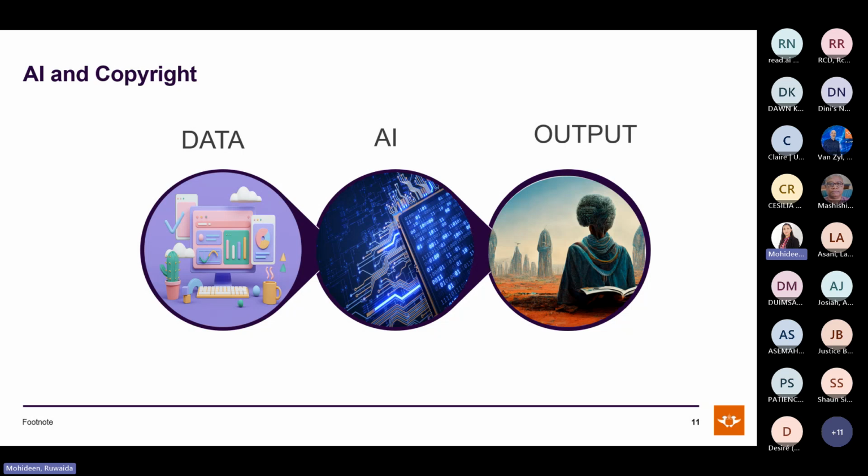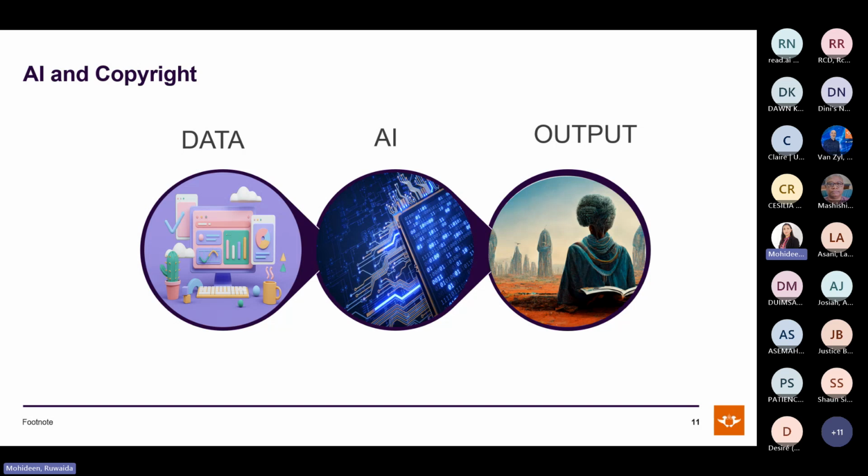So who owns the data? Did the AI have the right to use the data? So it's all of those considerations that need to be considered when looking at the output. Has that original data been acknowledged and referenced accordingly, or are we just appropriating data without permission?